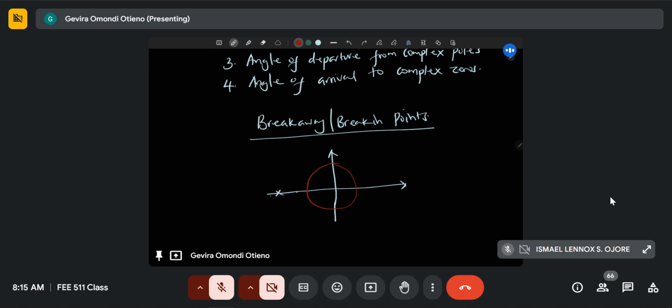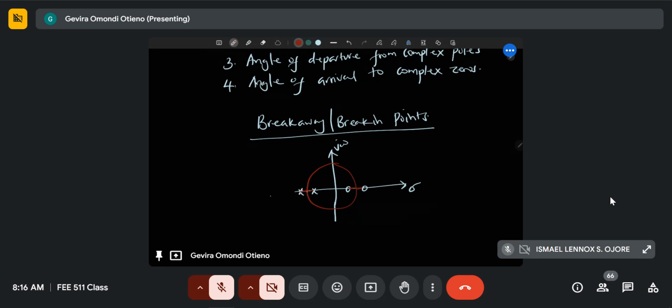Then we have a 0 here and a 0 here, so we have a root locus here. You can see that we usually say the root locus begins from the poles, like that, and terminates at zeros.